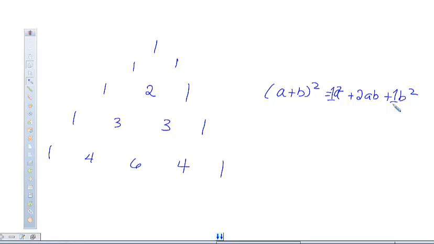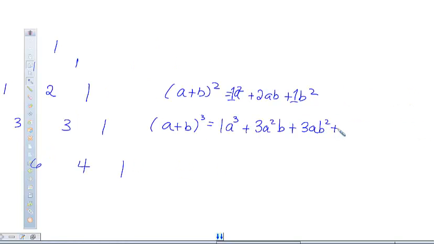If I had to cube this thing, then it's going to be 1a cubed plus, my a's are going to go in order of descending power, b is going to go up. So 1a cubed plus 3a squared b plus 3a b squared plus b cubed.